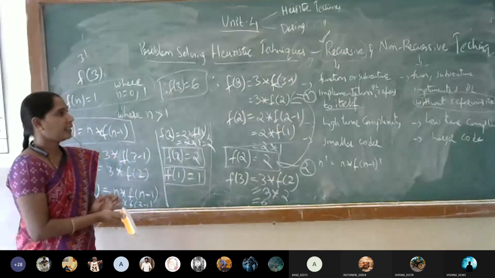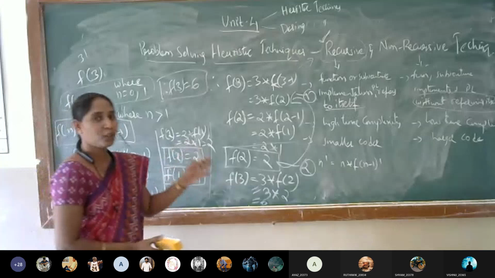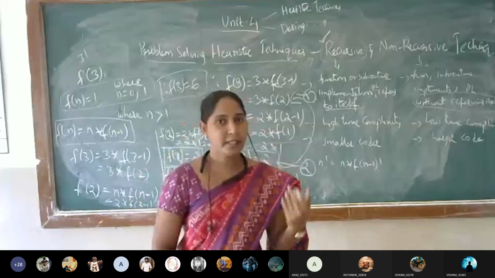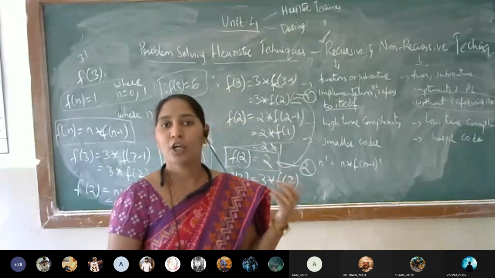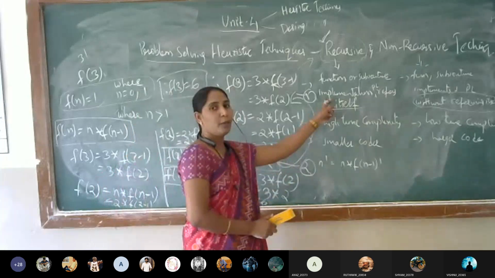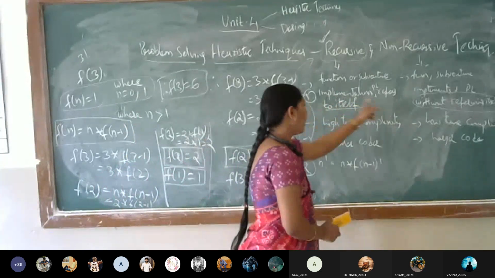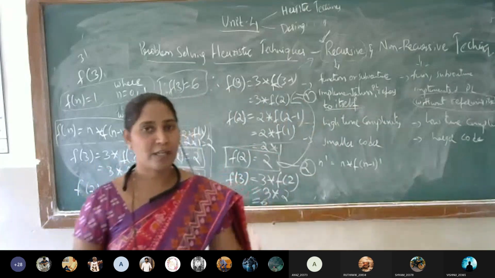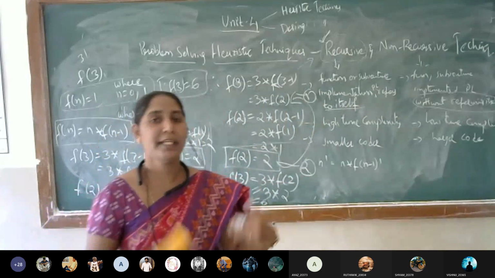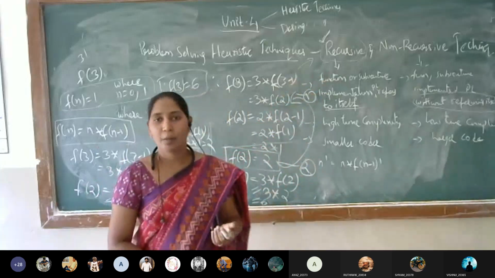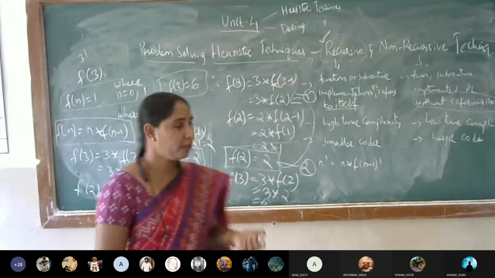So recursive is nothing but a function implemented in any programming language, either C, C++, Java, .NET, C#, or Python, whatever it may be, which is referencing itself. That means the function is calling itself. Then it is said to be a recursive technique or recursive mechanism. Is it clear to everyone?